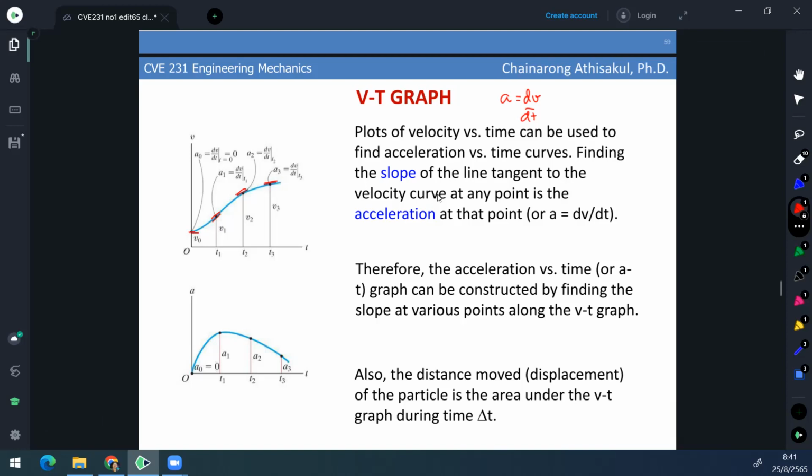So if we have the v-t graph, we can construct the a-t graph by using the slope. The slope of the v-t graph equals the acceleration. So we can construct the a-t graph from the v-t graph like this.